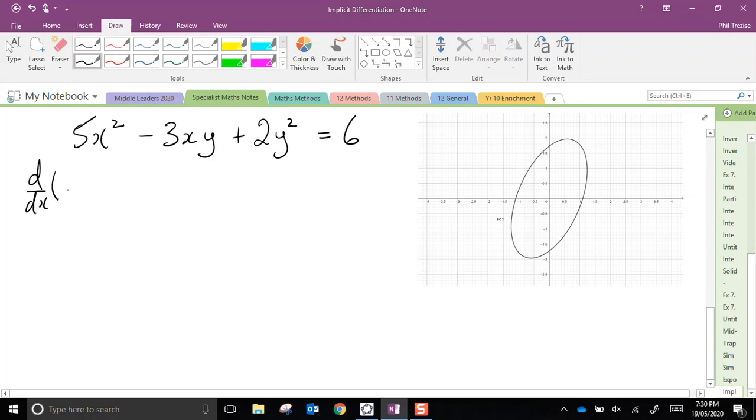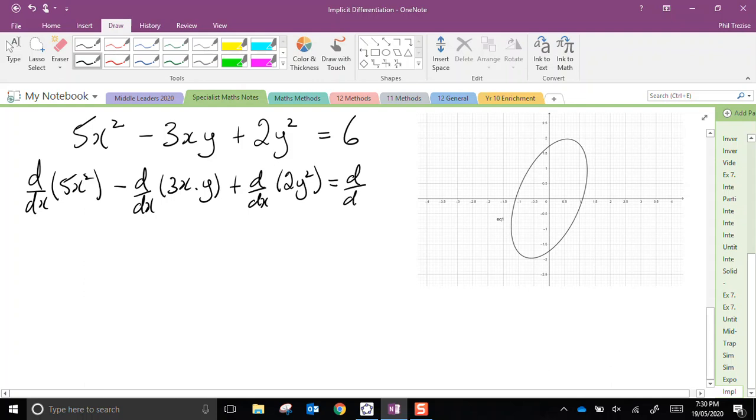Derivative with respect to x of 5x squared minus, and I'll have derivative with respect to x of 3x multiplied by y plus derivative with respect to x of 2y squared equals derivative with respect to x of 6.